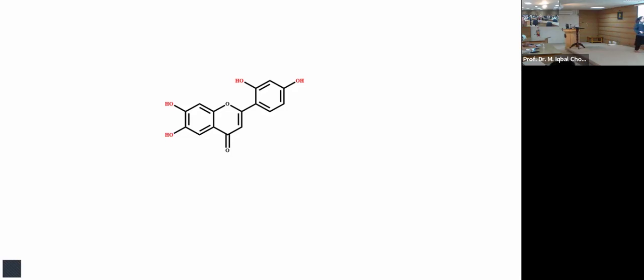And then here, this proton should appear as a, why singlet? Meta coupling. Good. So it should appear as a doublet because of the meta proton, right? So this is meta coupling. Why do we need to calculate the J value? When two protons are meta to each other, they usually have a J value between 0.8 to 2 hertz.